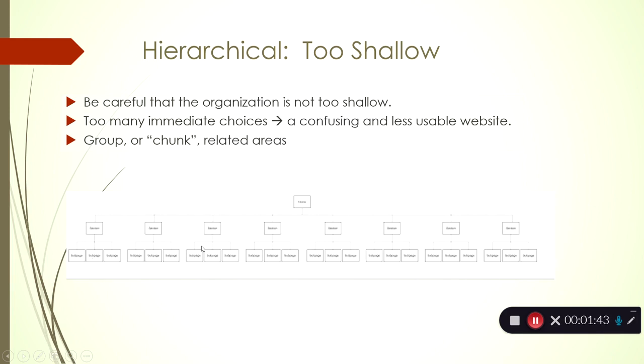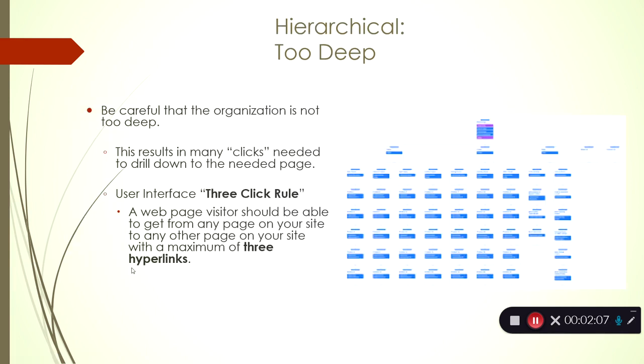This kind of design has too many immediate choices. It will be confusing and hard to remember the web pages. It is really hard for the user to remember the hierarchical architecture, so it is hard to navigate. So we have to avoid too shallow an architecture.